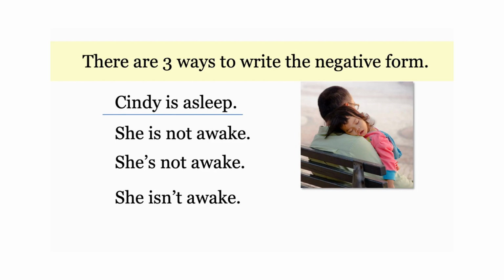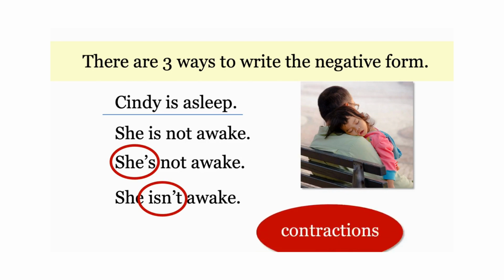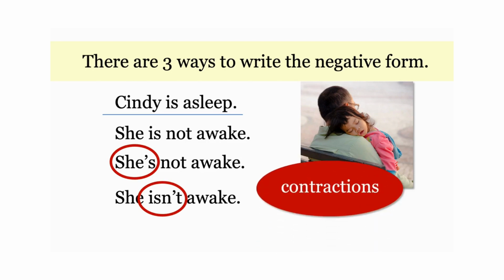In the second sentence, we put she and is together to make she's. In the third sentence, we put is and not together to make isn't. Do you remember what these are called? Contractions.